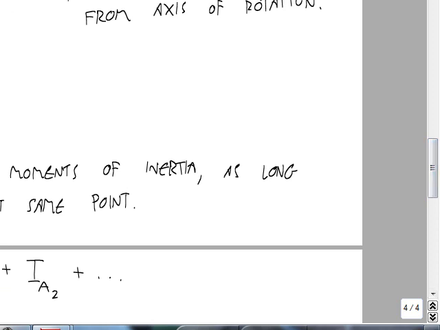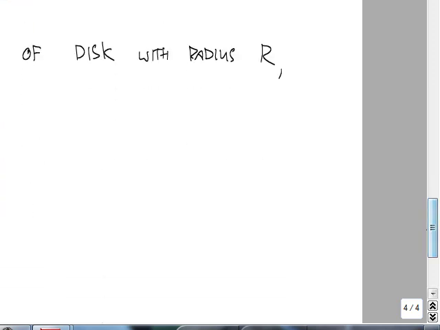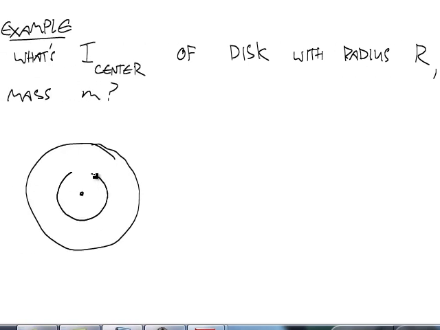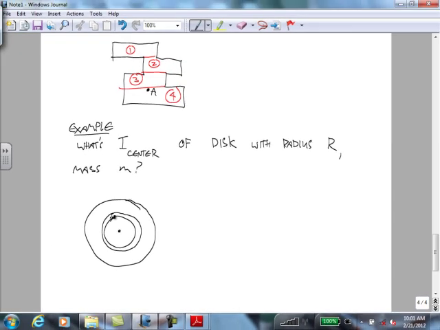So let's think of, at some arbitrary distance, lowercase r from the center, the mass of this little, thin ring. Okay, so we'll call this distance lowercase r.